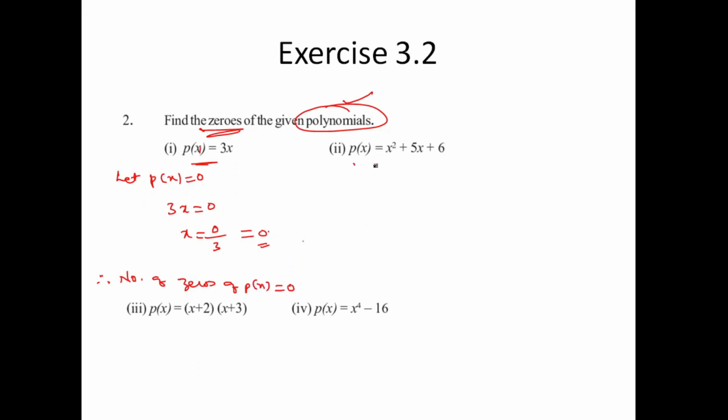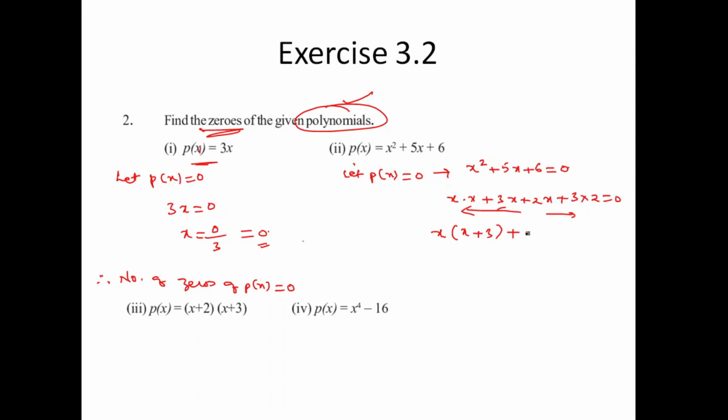Now the next one over here. Let p of x is equal to 0. Then I can write x square plus 5x plus 6 is equal to 0. Now finding the roots of this equation, I can write x square plus 3x plus 2x plus 3 into 2 is equal to 0. Taking out the common terms, x into x plus 3 plus 2 into x plus 3 is equal to 0.